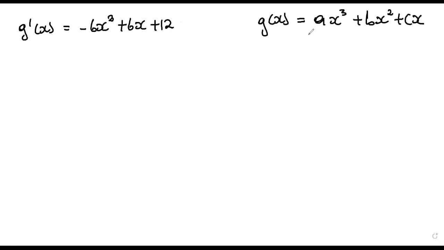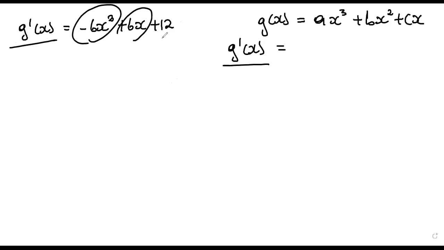So ours is to differentiate this cubic function. Then we understand that this derivative is equal to that derivative. So if the derivatives are equal, then it means these parts as well need to be equal. So we are just going to equate the coefficients for this one.